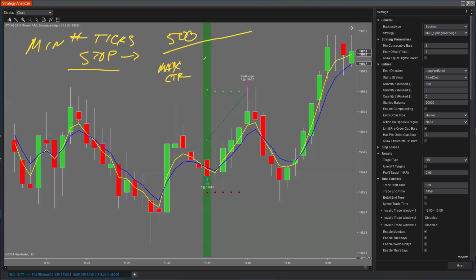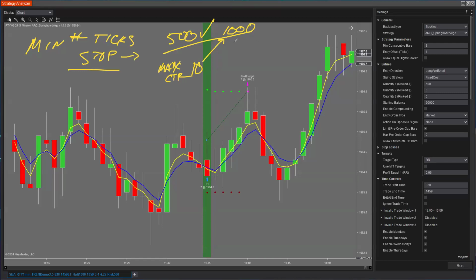Give me an example. What's the max number of contracts you can trade? 10. Okay. So if the max contracts is 10, and our risk per trade is, let's say, 1,000. You'd only have to do this once, and then you're good.